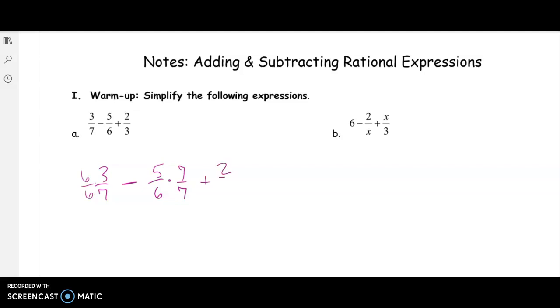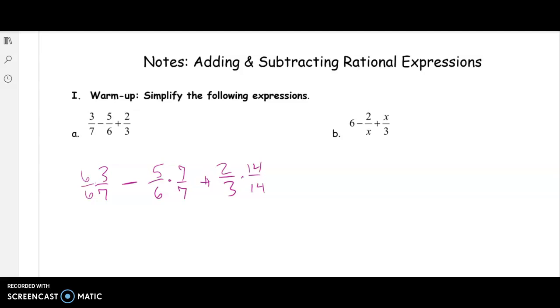And then I'm going to take the 2/3 and multiply it by 14/14 because 3 times 14 in the denominator will also give us 42.